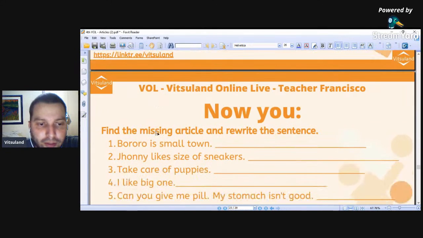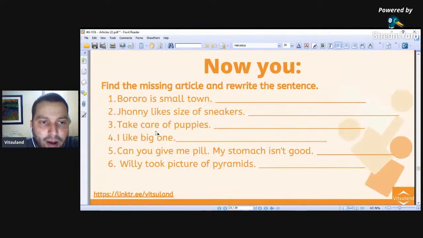All right. So we have here another one. Find the missing articles and rewrite the sentences. Okay, so we have here some sentences, and you have to find the missing article and rewrite it.